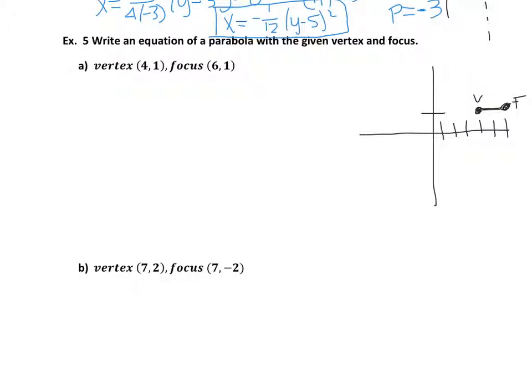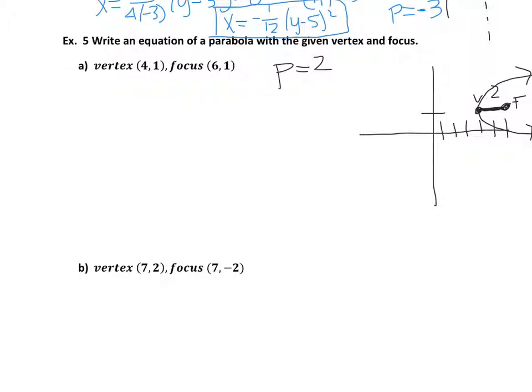So what would be my p-value, the distance between my vertex and my focus? So p equals 2. And because it's facing to the right, it's going to be positive 2. So what I'm going to do now, because what's the only thing that's missing on my graph?